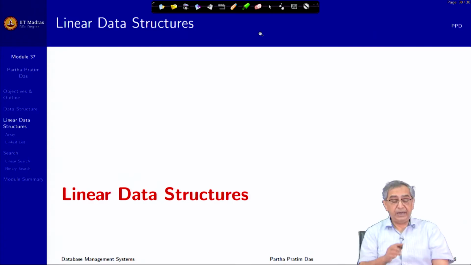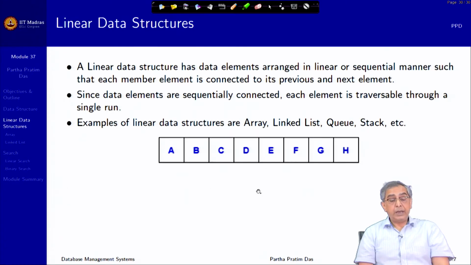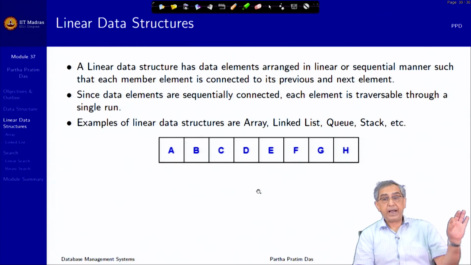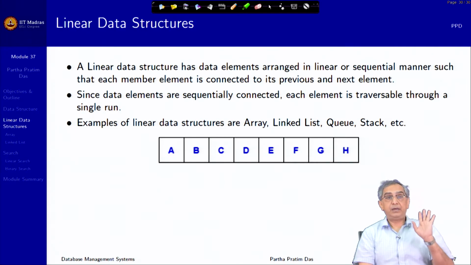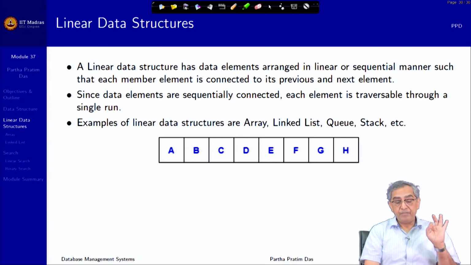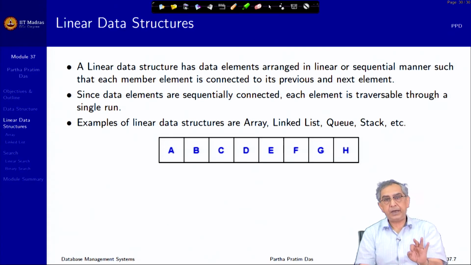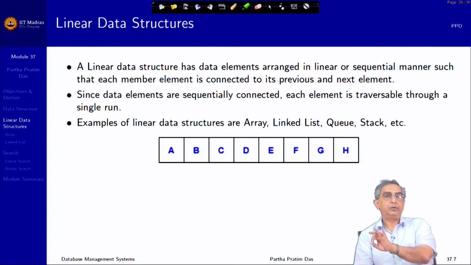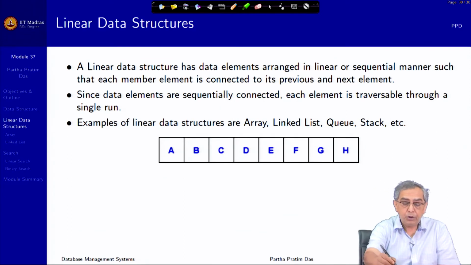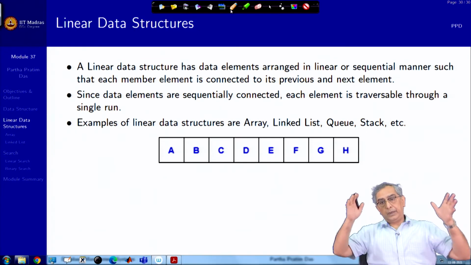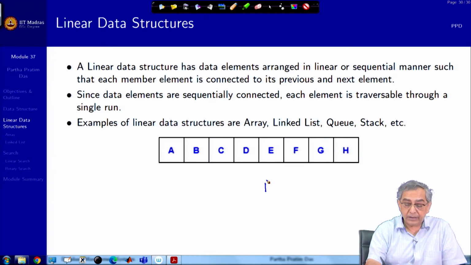So, first we talk about linear data structures. A linear data structure has data elements arranged in a linear sequential order, right? And if you know a particular data element, then there is a way to know the next data element. If you look at the computer organization, there are two ways.